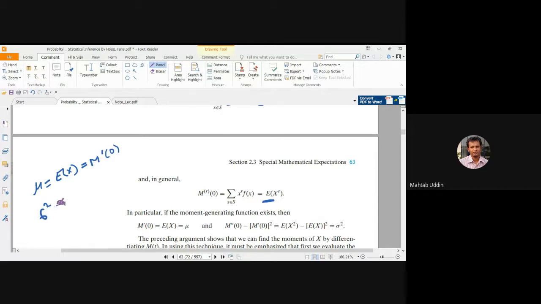Similarly, the variance is the expectation of x square minus the expectation of x whole square, that is M double prime 0 minus M prime 0 whole square. Instead of the expectation, you can use the moment generating function to get the mean and variance. Do you understand?